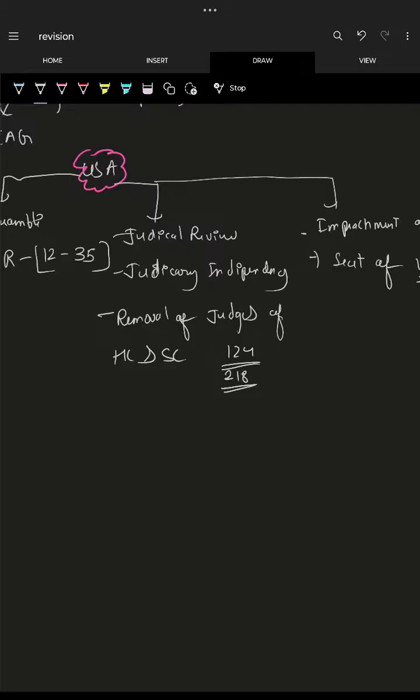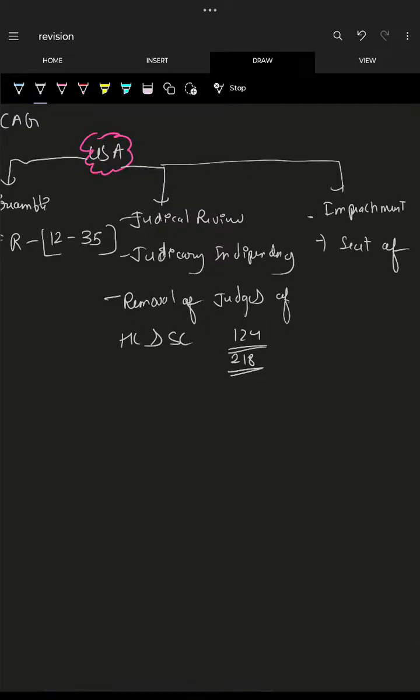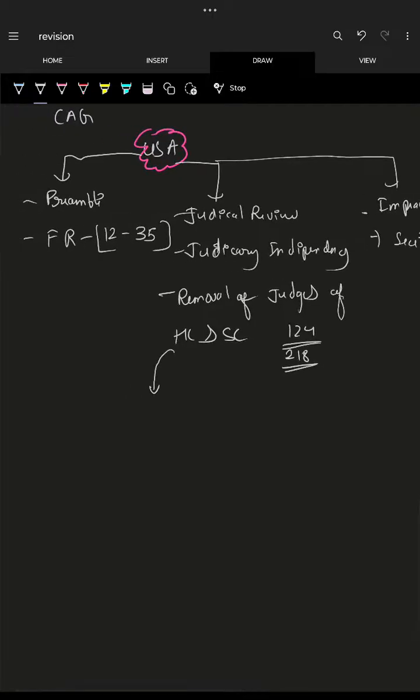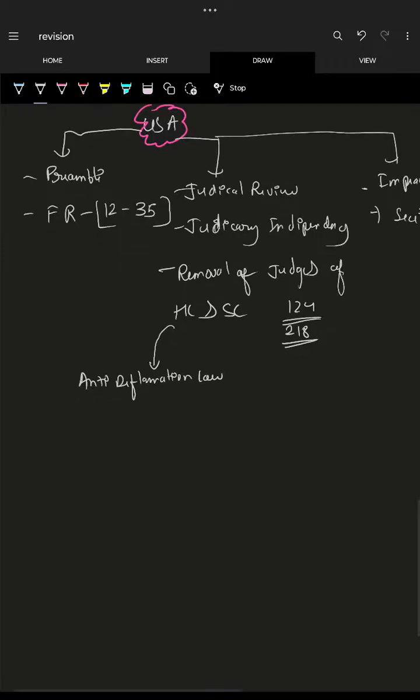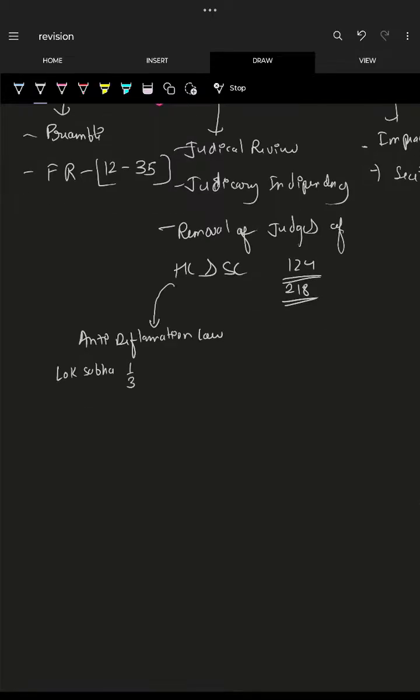And this is done by this method. The removal of judges is done by, what is that called, Tenth Schedule, anti-defection law. If it starts from Lok Sabha, then you need one third voting.